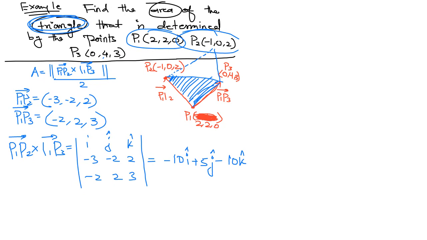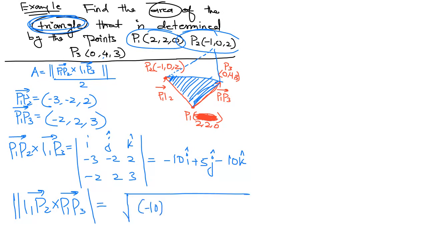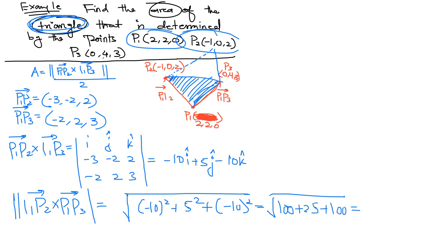But we need the mod of the cross product. So this is equal to the square root of (-10) whole square plus 5 square plus (-10) whole square, which is 100 plus 25 plus 100, which is equal to 225, and the square root of 225 is equal to 15.